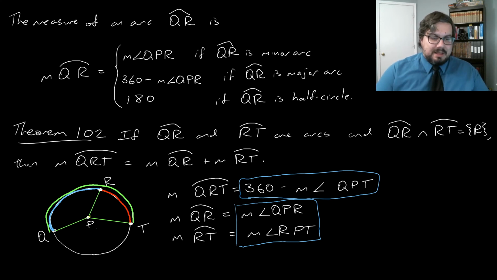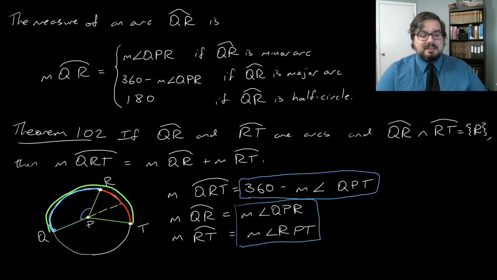As one goes through and solves this, what you have to do is essentially draw this line here through Q and P and break up the problem further. We've got this angle that defines QR, but then the red arc, which is defined by the angle RPT, we're going to break up into two angles and work with each of those.